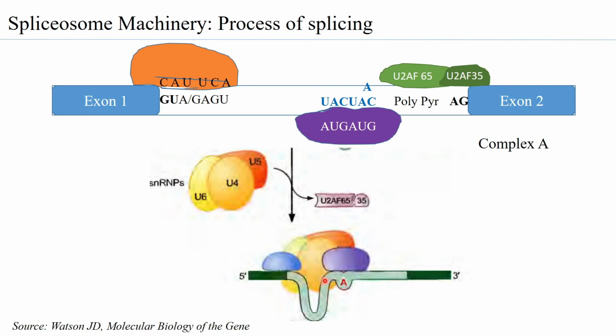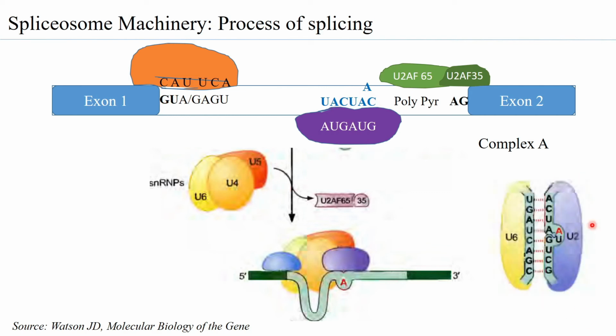So the tri-SNRP is effectively binding to the 5' splice site of the intron and also binding indirectly to the branch point. So the branch point comes very close to the 5' splice site, whereas here you can see is a distance. That distance has been minimized thanks to the tri-SNRP.